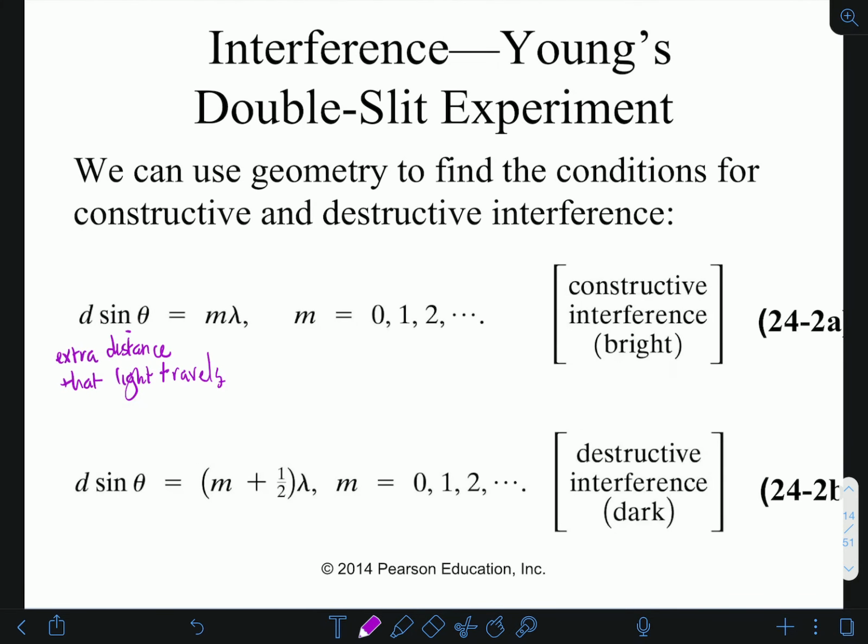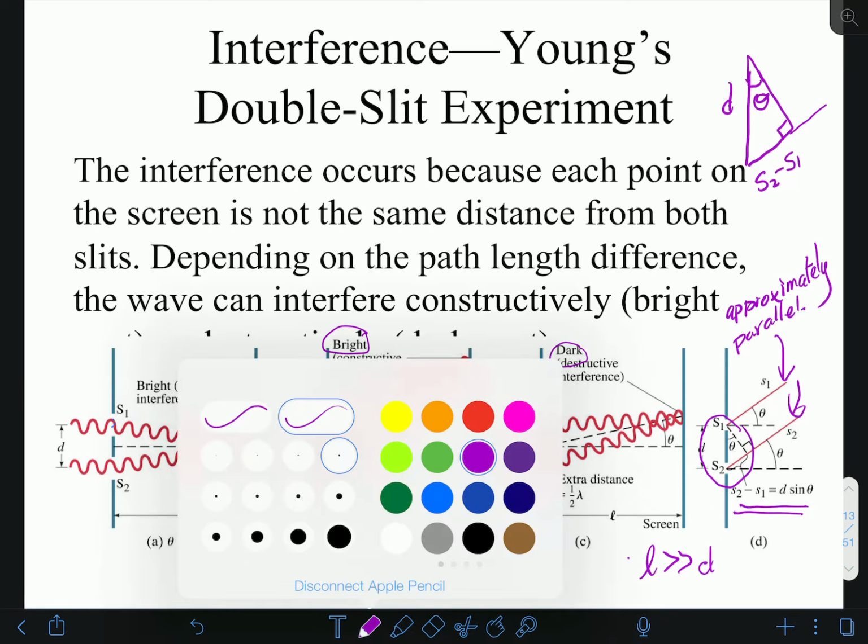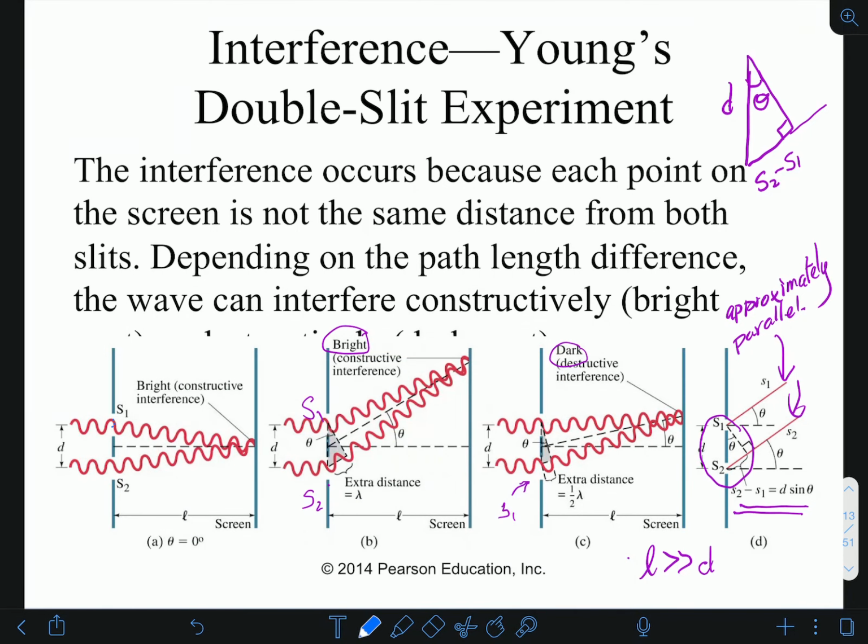So let's take a look back at this setup right here. If you look at this theta, you can see similar triangles. So if I were to draw, let's see, on my triangle up here, a line going directly, we have two triangles.